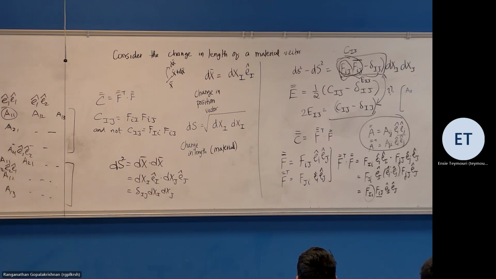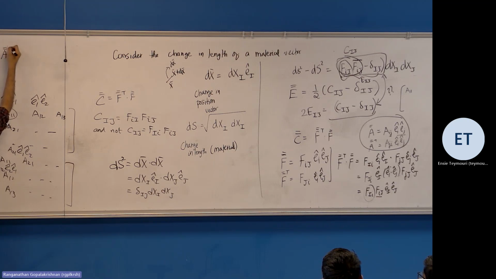If B of x comma y, where x and y are the two vectors that form the dyad, is equal to A of y comma x, then this implies B is the transpose of A. In index form, B_ij is equal to A_ji.